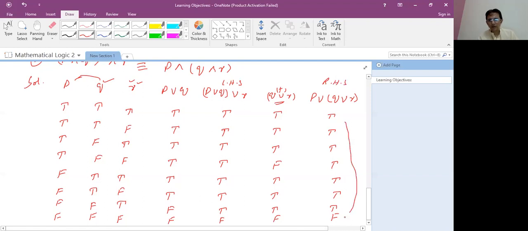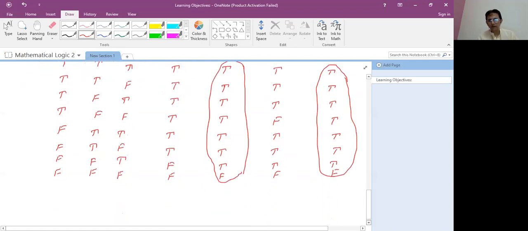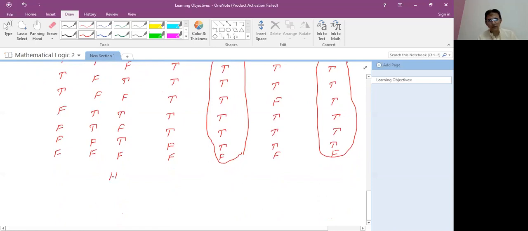So the left hand side and the right hand side have the same entries. That's why they are logically equivalent. Hence, (P or Q) or R is logically equivalent to P or (Q or R).